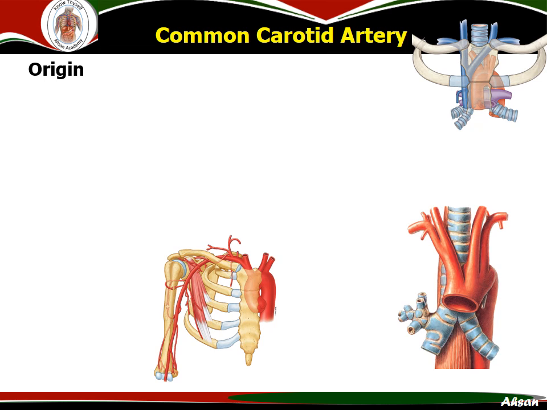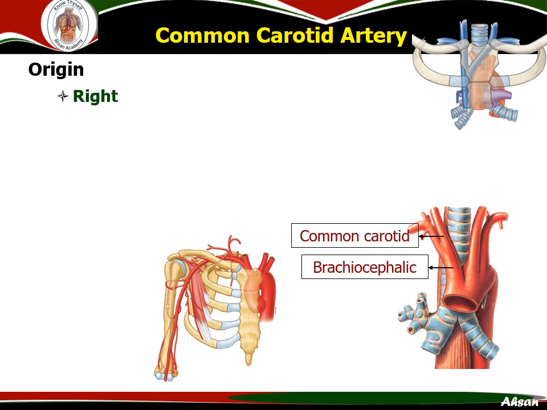So the common carotid artery arises on the right side and left side in a different way. On the right side, you can see in the figure, it is arising from the brachiocephalic trunk. It is actually one of the terminal branches of the brachiocephalic trunk.